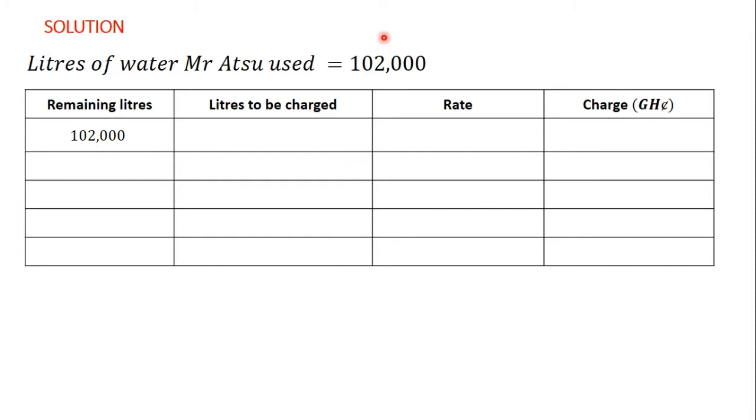From the table in the question, the first group is the first 20,000 liters, and the rate is 50 Ghana pesos per 1,000 liters. So it means that the liters to be charged is 20,000 and the rate is 50 Ghana pesos per 1,000 liters.